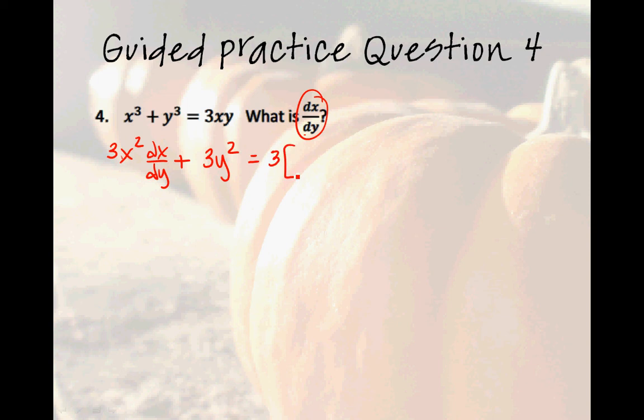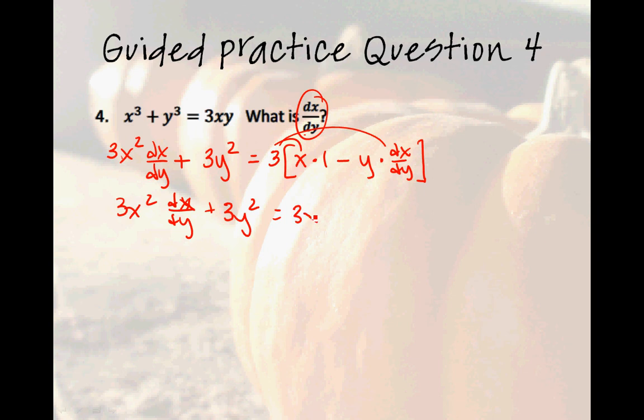And then we had product rule for the second part, and it's still going to be product rule. So the first times the derivative of the second is just 1, minus the second times the derivative of the first, which is dx/dy. Okay, and so now we just want to distribute and solve for dx/dy like we did last time. I'm going to distribute this 3 here. So we have 3x minus 3y dx/dy.